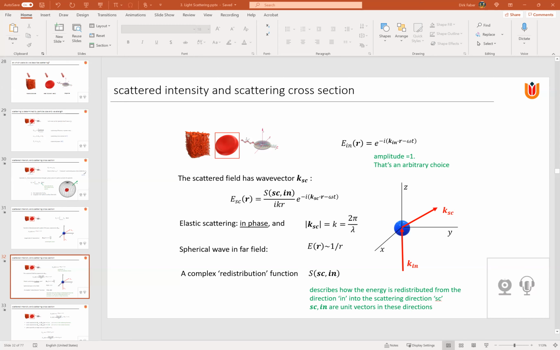Now if you look at that scattered wave in the far field, and that's eventually where we want to go, because we want to put this large sphere around it, then in the far field, the scattered field is going to be a spherical wave, scaling with 1 over r.